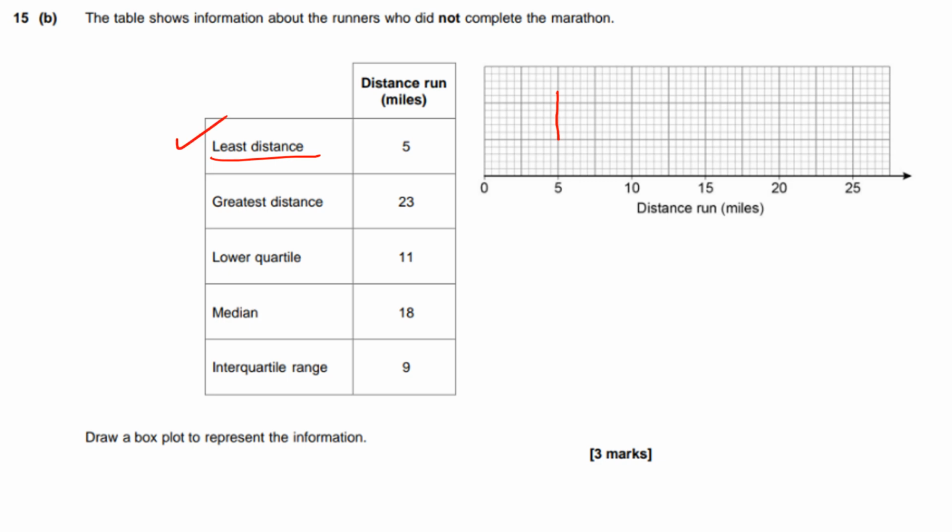That's done. The greatest distance is 23. So 20 to 25, in between is 22.5, so that means 0.5, 23.